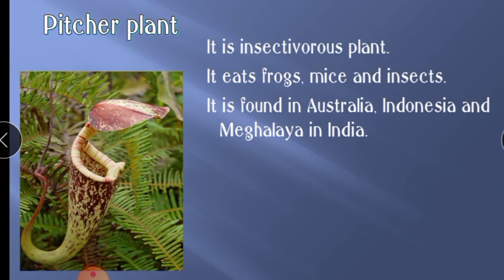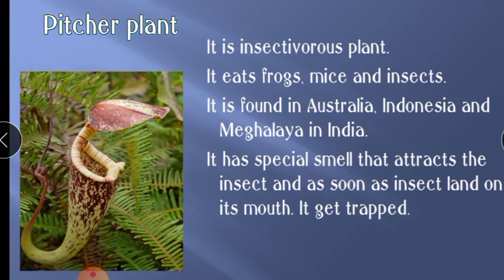It is found in Australia, Indonesia and Meghalaya in India. It has a special smell that attracts the insects, and as soon as insects land on its mouth, they get trapped. Okay, what a clever plant it is, isn't it?